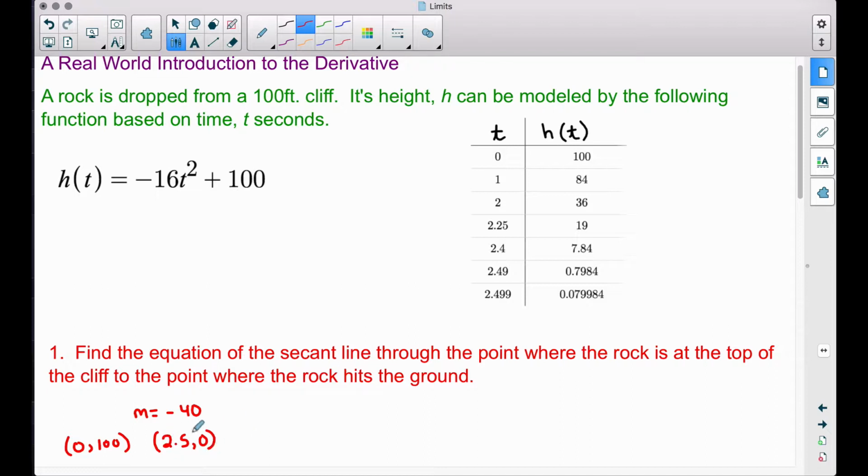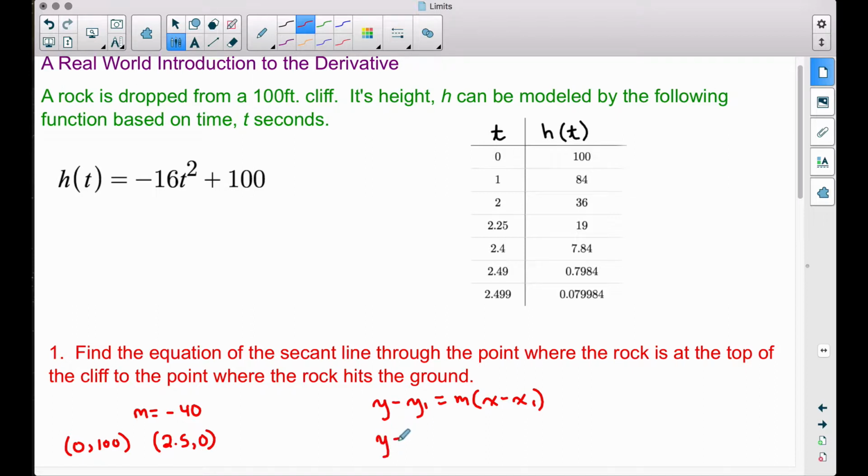So I'm going to use this point and this slope with the point-slope form, which is y minus y1 equals m times x minus x1. You could use the other point, but I'm going to use this one because hopefully you'll see a shortcut with this particular point and a pattern where we can apply this to all of our equations of our secant lines and ultimately our tangent line as well.